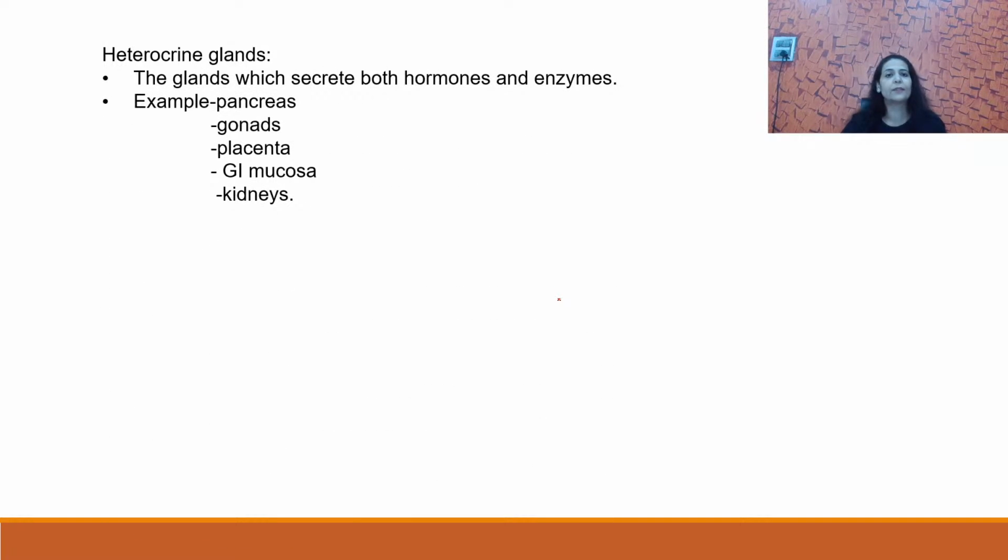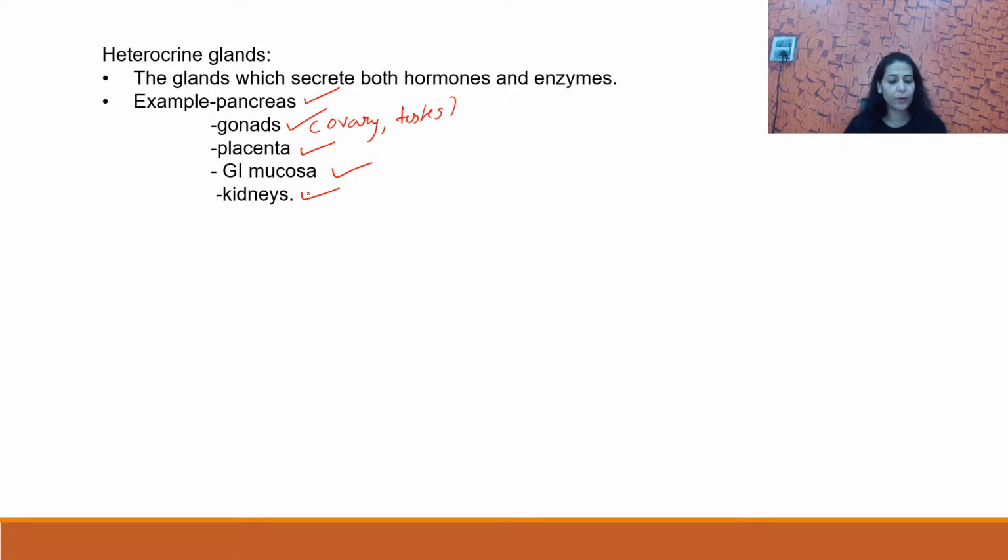The glands which secrete both hormones and enzymes are known as heterocrine glands. So pancreas, gonads, that is ovary and testes, placenta, GI mucosa and kidney.